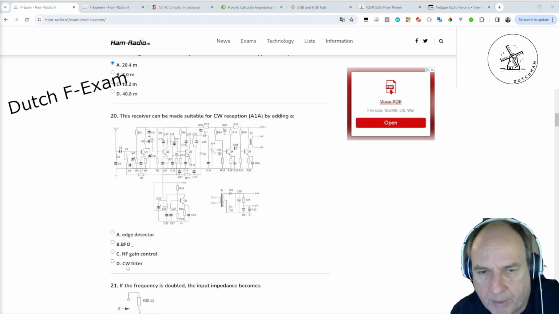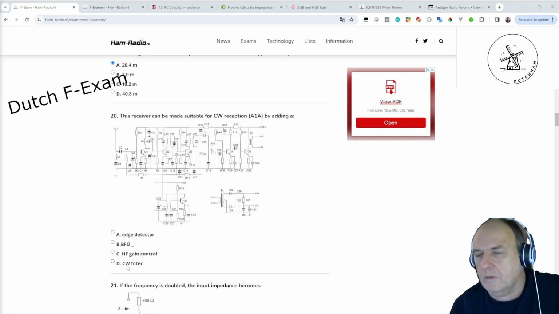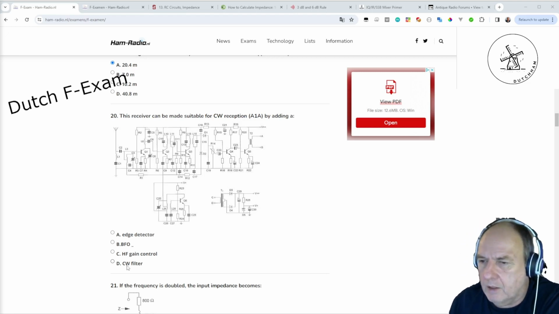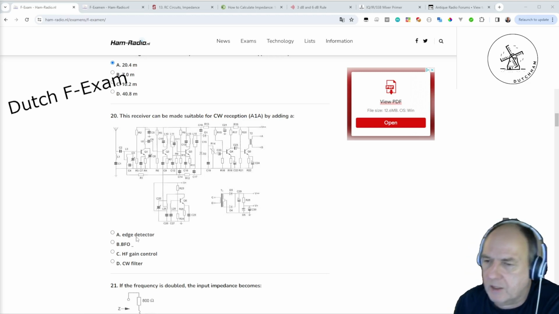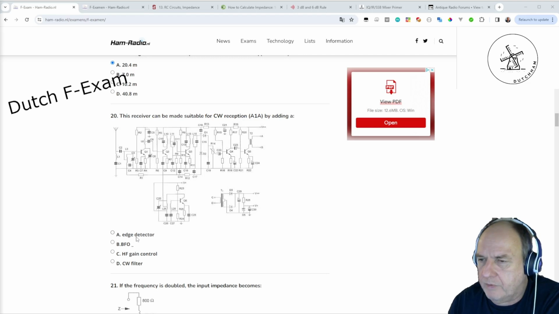Somebody's busy with packet radio. It will make it easier to hear CW signals, so in that way it will help, but I'm doubting between the edge detector or the BFO.